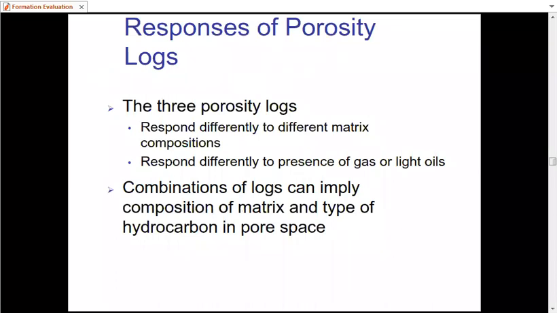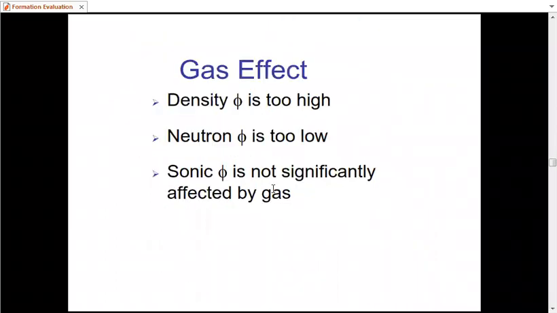The three porosity logs respond differently to different matrix compositions, and they respond differently to the presence of gas or light oils, so you have to combine all types of logs to give you the correct answer about the type of hydrocarbon in the pore space.